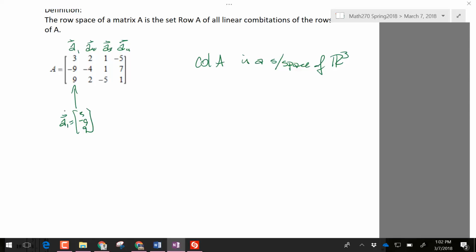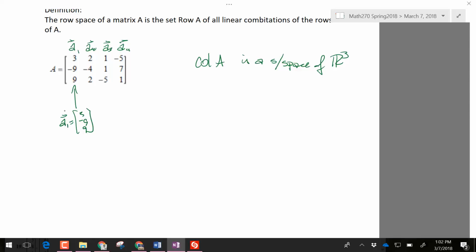Now the line or the plane has to pass through the origin, remember, right? Or the last option is everything. So those are the 0-dimensional, 1-dimensional, 2-dimensional, and the whole thing 3-dimensional possibilities for your subspaces.